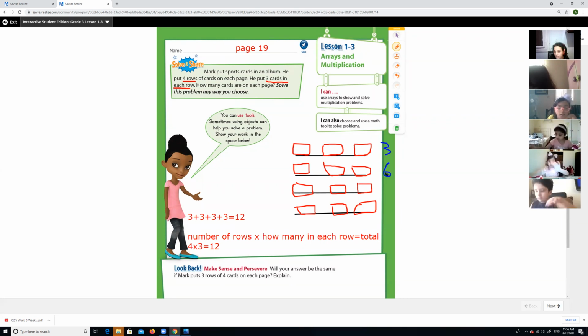Excellent. So I will skip count: 3, 6. Add 3 more. 6 plus 3, 9. Add the last 3. 12. Excellent. So also I can use skip counting.